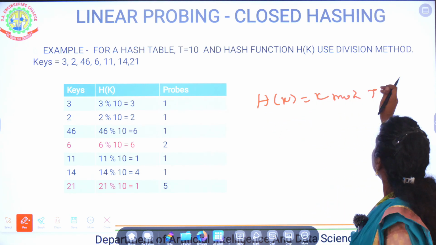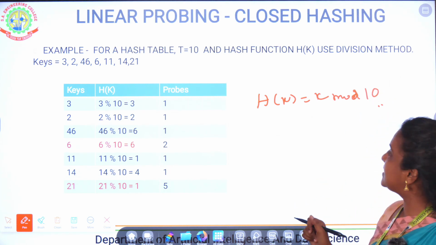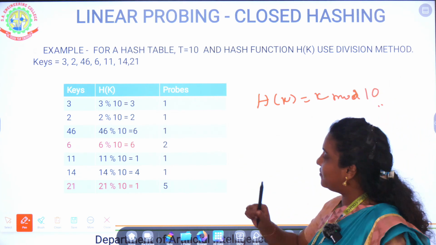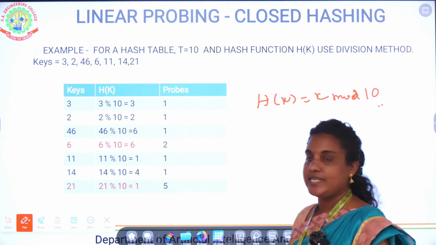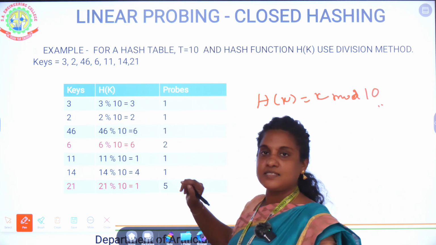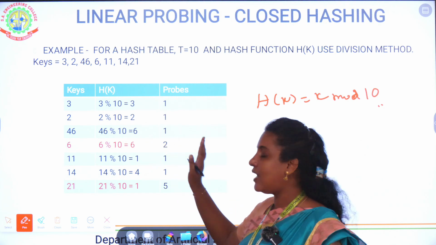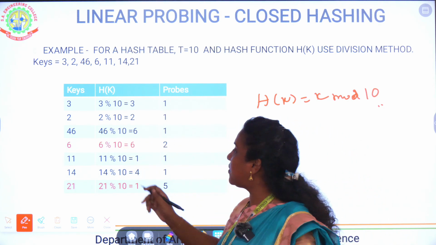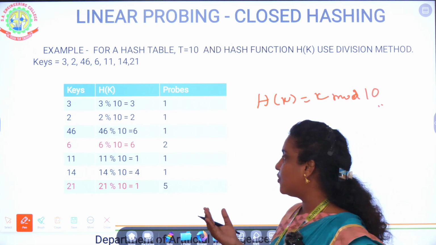Here the table size is 10. First we will see where 3 is going to be stored. 3 mod 10 is 3. 2 also, no problem, it is a free space, so it will occupy it. 46 mod 10 gives you index value 6, no problem.